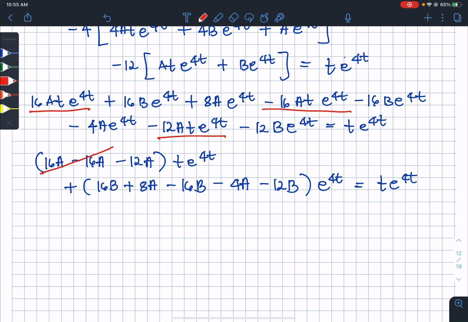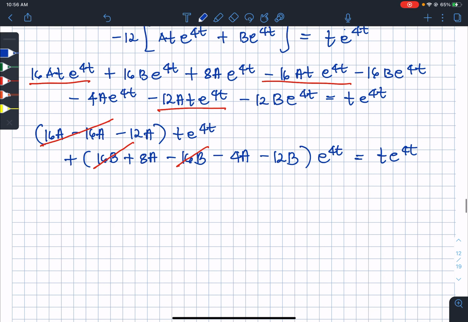16 and 16, 0. 16b minus 16b is 0 as well. So that will leave us with a negative 12a te^(4t), then plus 8a minus 4a is 4a, minus 12b, e raised to 4t is equal to t e raised to 4t.